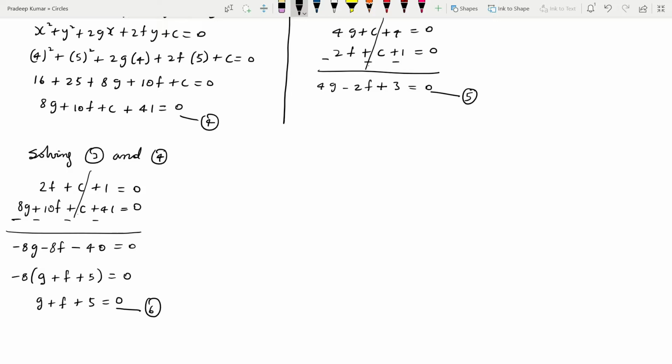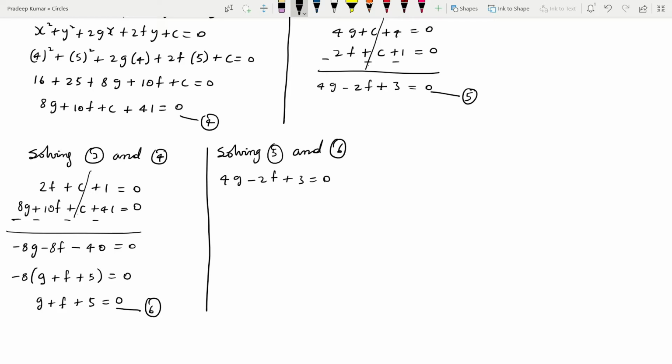Okay, so now we'll just solve this 5 and 6. I can write here solving equation number 5 and equation number 6. So now what I do is I'll just write 4g minus 2f plus 3 equal to 0, this is equation number 5.